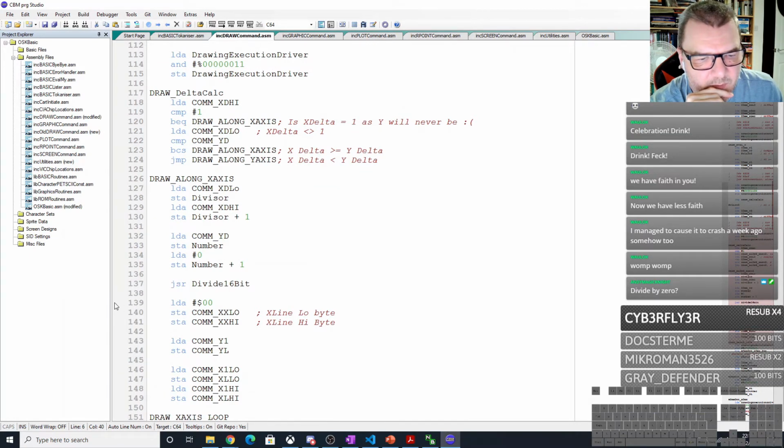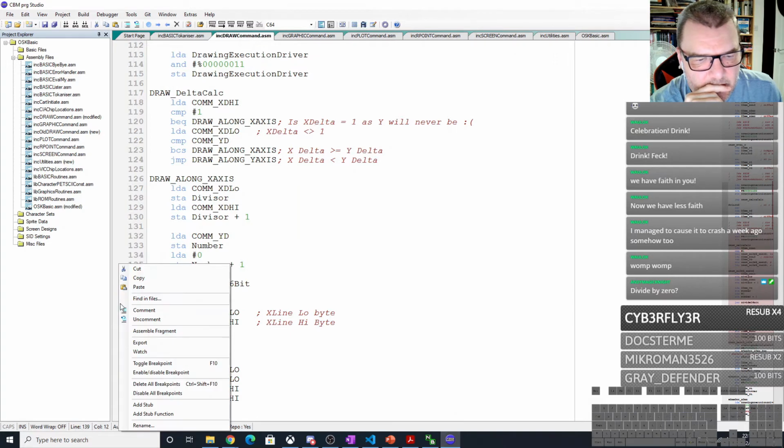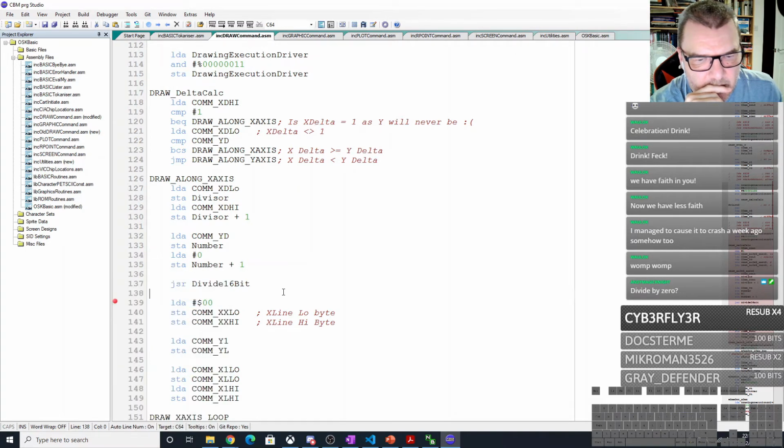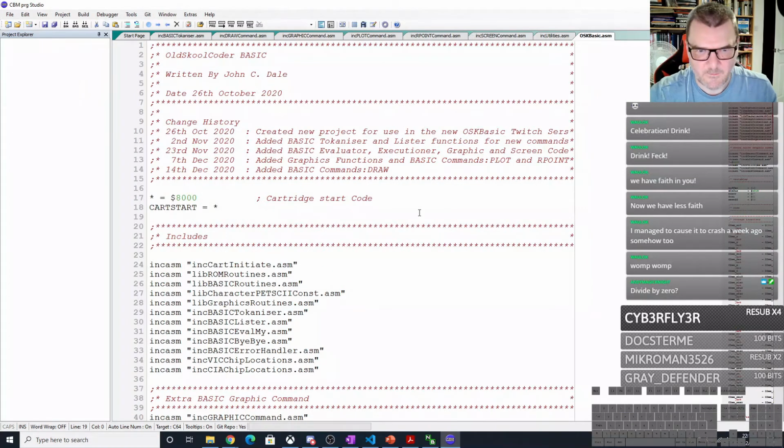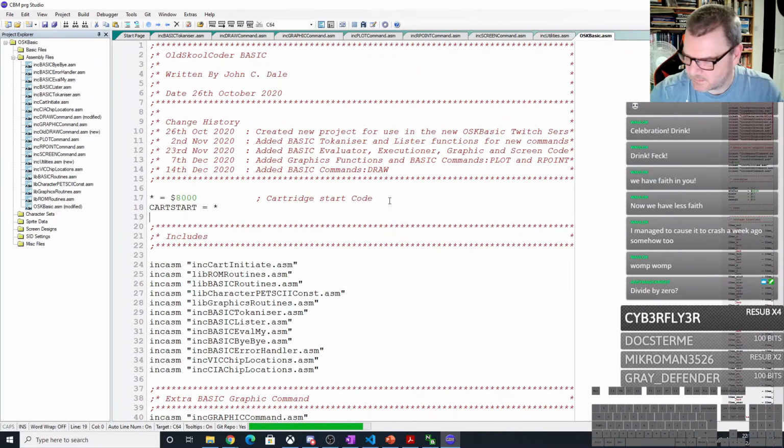Right, we'll put a breakpoint there and see what we get out of the 16-bit. So we'll have to make note of the numbers.